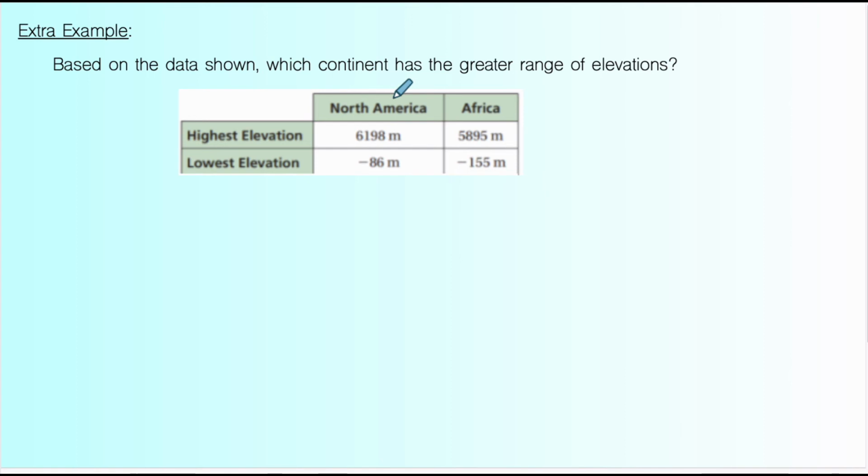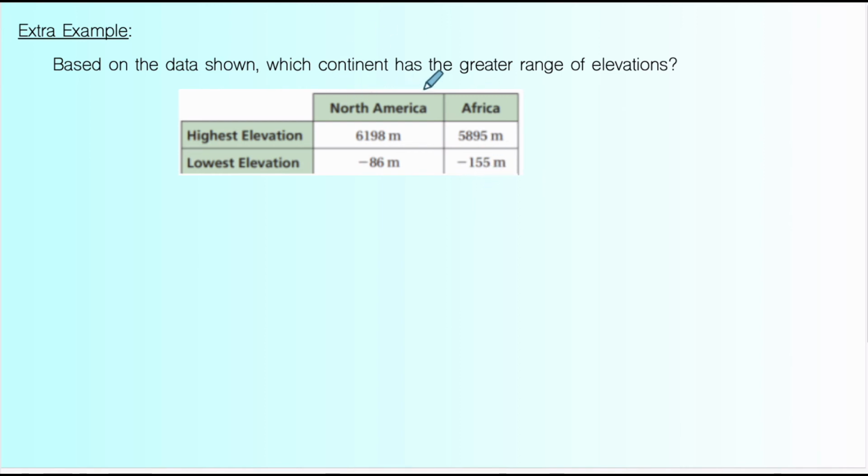Its lowest elevation is negative 86 meters. That means it's below sea level by 86 meters. Now, if you look at the continent of Africa, its highest elevation is 5,895 meters, and its lowest elevation is negative 155 meters.